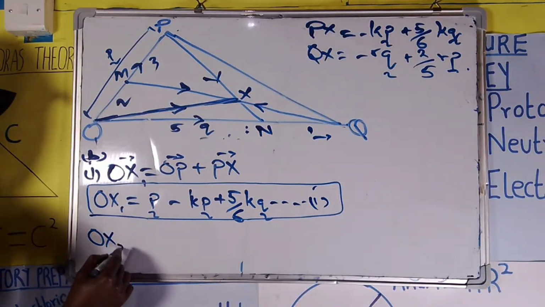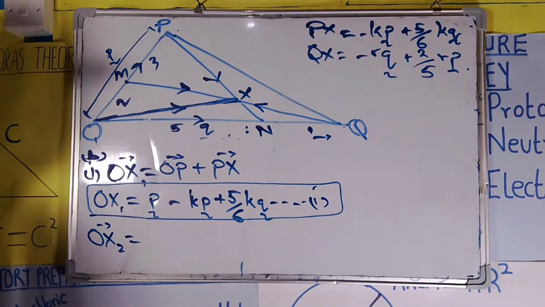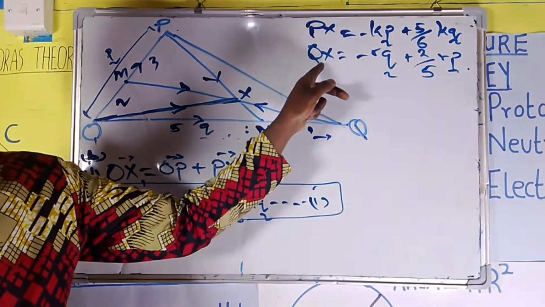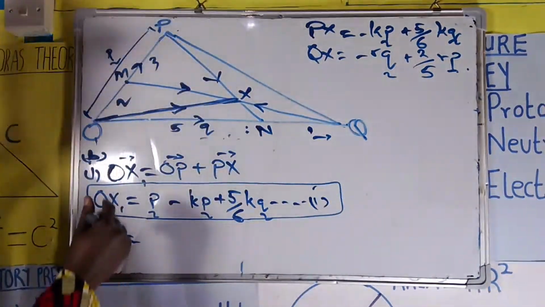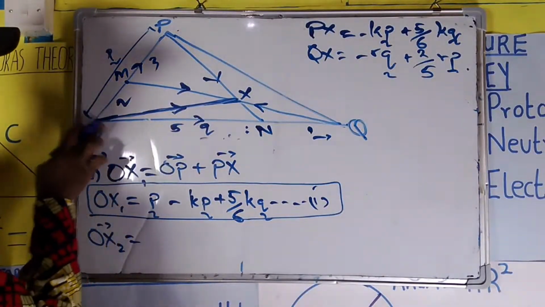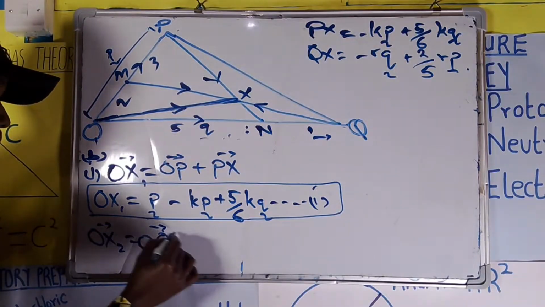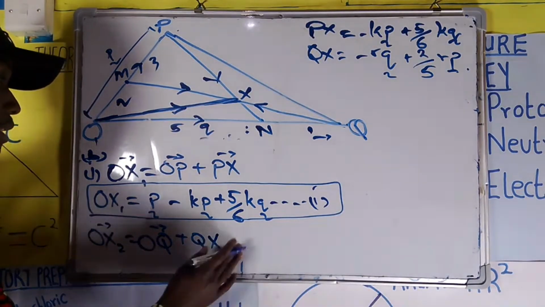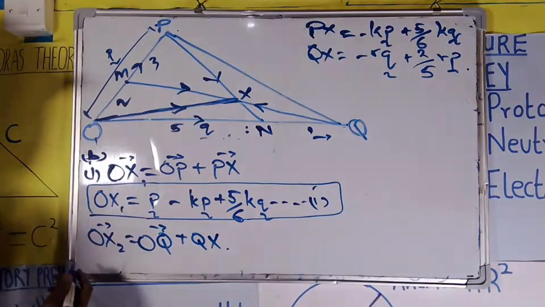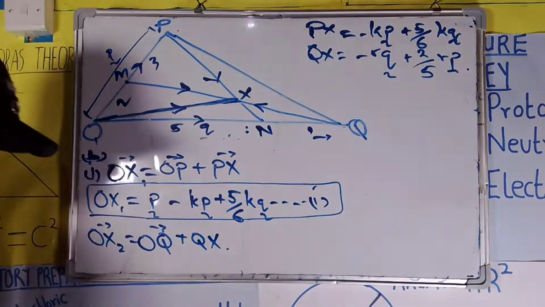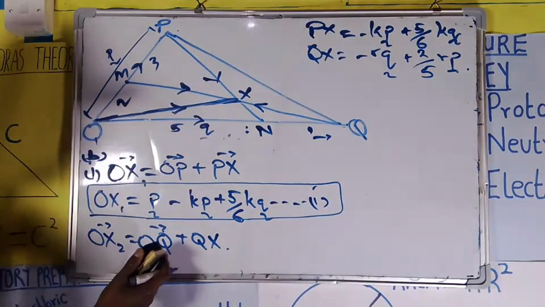Expression ya pili ya OH tuite OH2 tupitie route ya QH. Route ya QH tutakuja hapa. Tutapitia njia gani? OQ QH. So itakuwa OQ plus QH. Na tukifanya hivyo tutakuwa na OH yetu ya pili. I hope umeandika hiyo OQ plus QH.